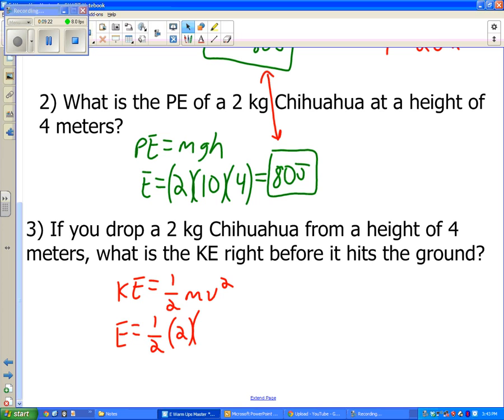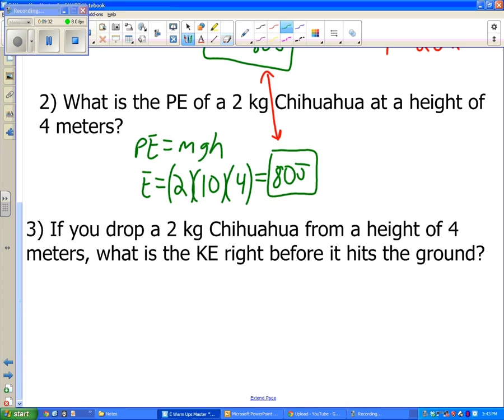I didn't give us the velocity. Actually, I don't need this though, because if I lifted it and it had 80 joules at the top, it's going to have how many at the bottom? 80 joules. So the kinetic energy is also going to equal 80 joules.